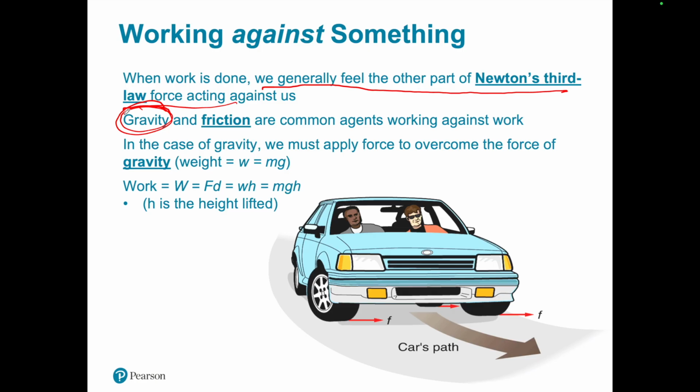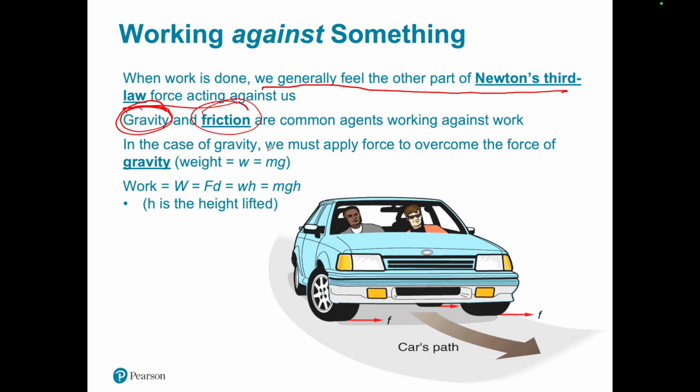And so when you overcome gravity, you're putting more force into it than gravity has, and therefore you do work because you're changing positions. And then friction is basically that guy that's pushing that crate across the floor. Those are both things that work against work. Work against work. That's interesting.